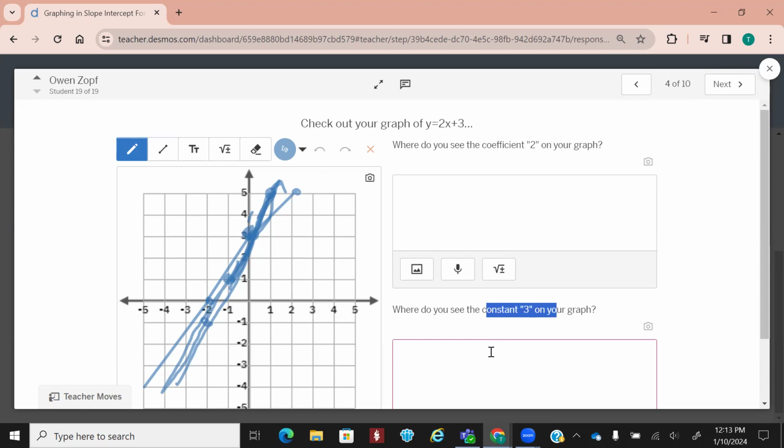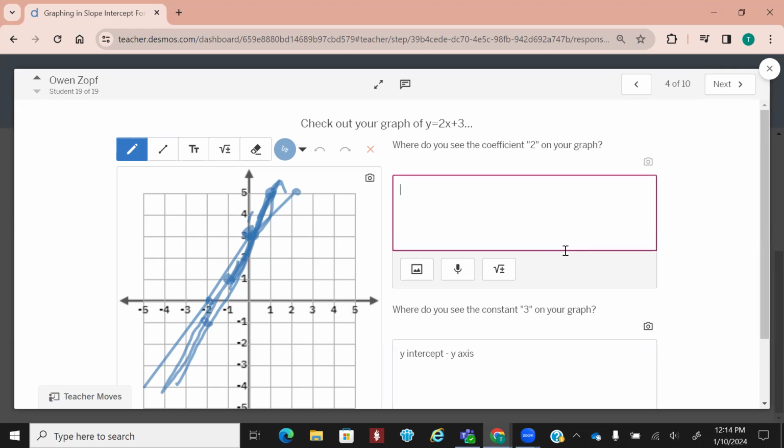That one's easy. It's on the y-axis, because this is the y-intercept. The number 2 is the coefficient for our slope, so this is our rate of change. This is how much we're going up and over by.